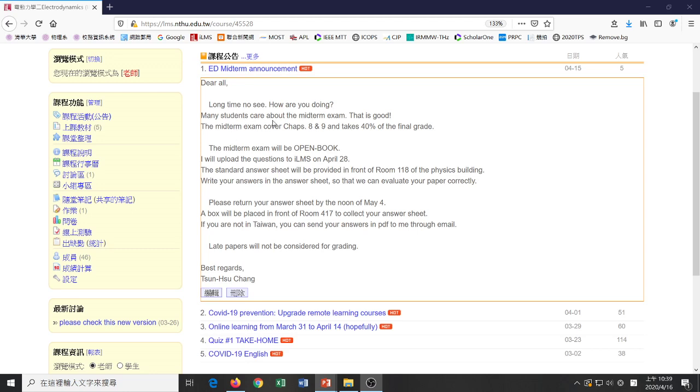Many students care about the midterm exam. That is good news. The midterm exam covers chapters 8 and 9 and will take 40% of the final grade. 40%. And the midterm exam will be open book.